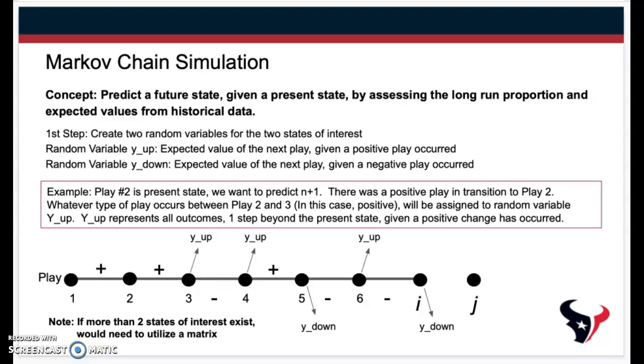I do want to make one note with this technique, and the stock market is probably a better way to think about this. Just because a positive play was observed on the previous play, that does not mean that a positive play will occur on the next play. So there is a situation where y up could have a negative expected value.